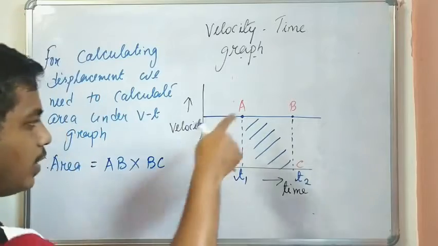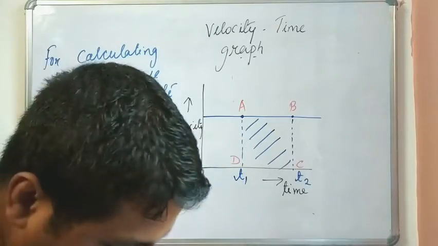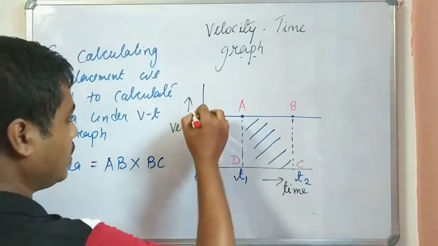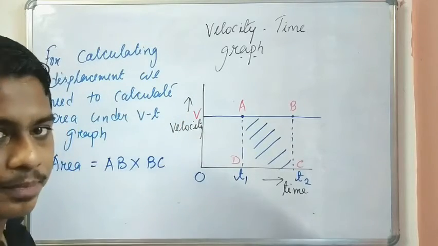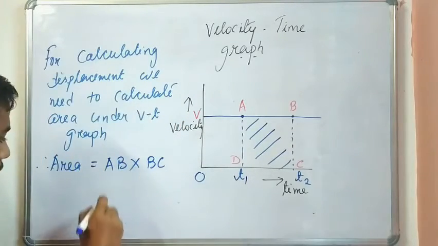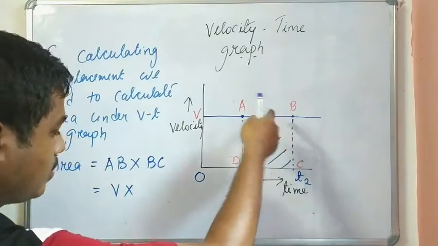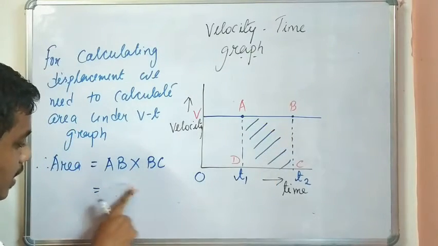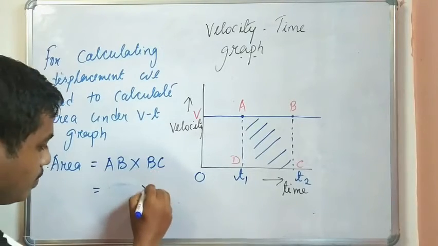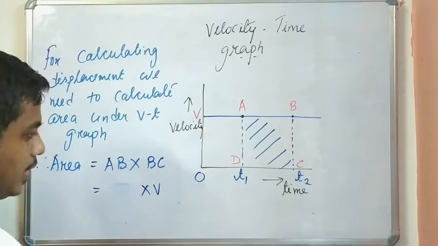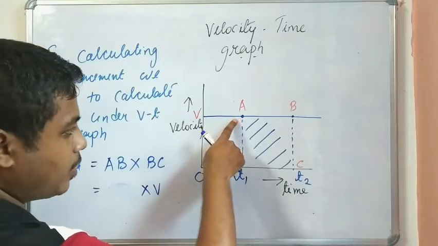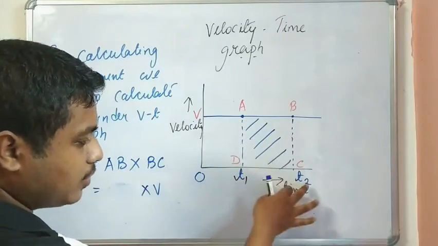Clear? And what does this BC value represent? Since it is having a uniform velocity, I'll consider this as V, uniform velocity. So BC will be the value V. Then this AB is representing from point A to point B, and this is T1 and T2.